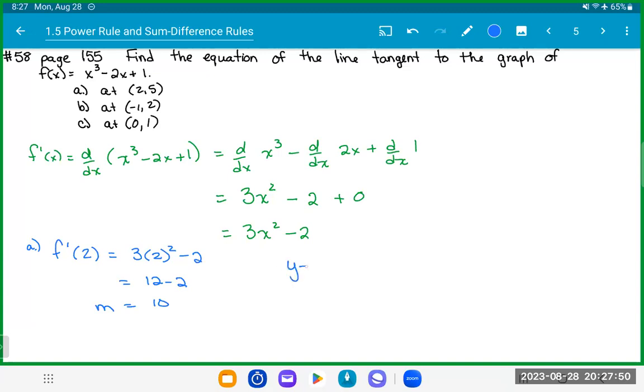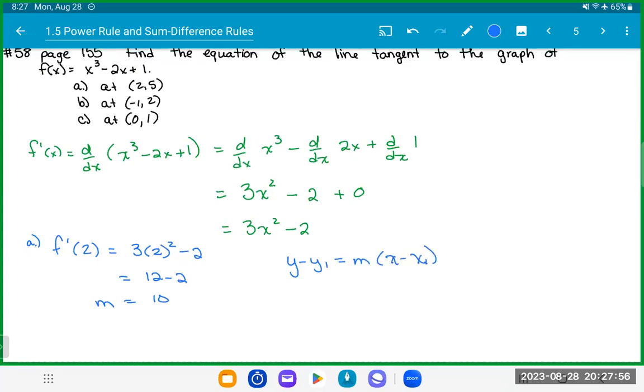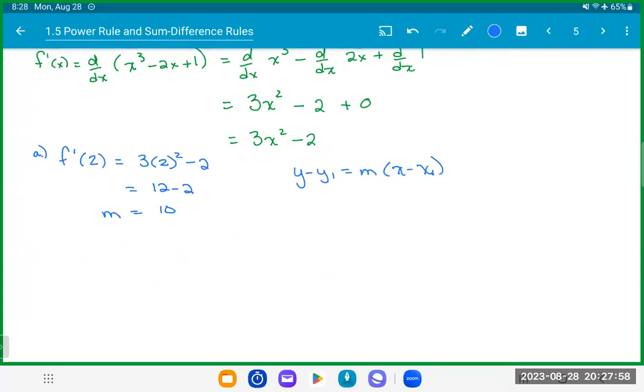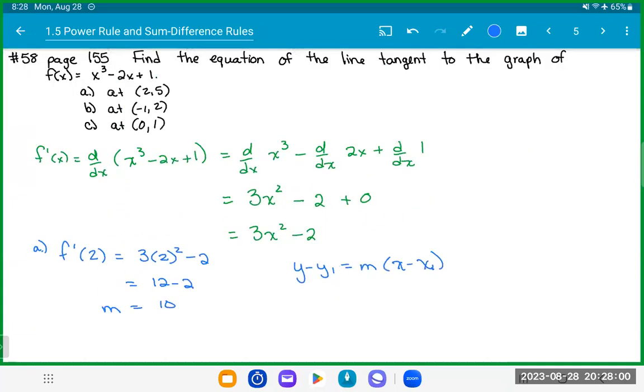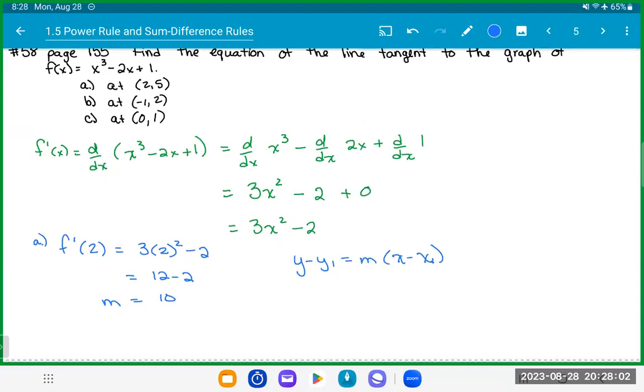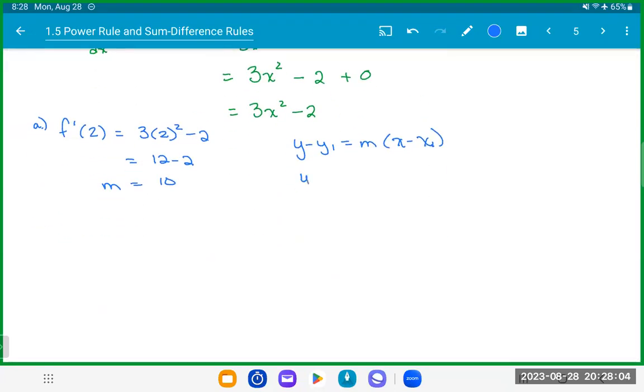Okay. So now we want to use our point slope equation. So we have y minus y1 equals slope times x minus x1. Well, my point was 2, 5. So this is y minus 5 equals my slope of 10 times x minus 2.